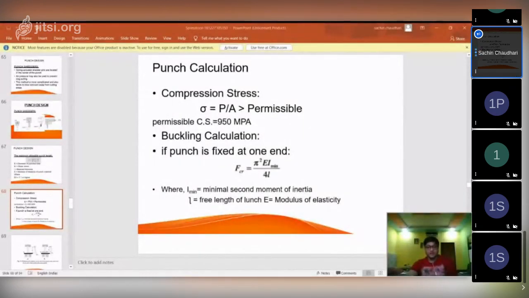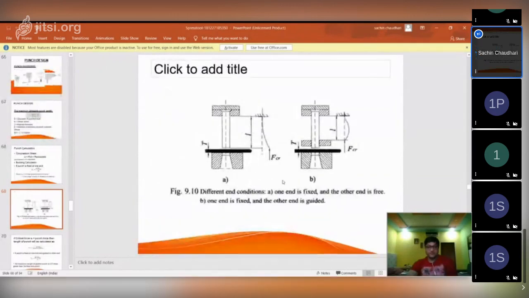See the figure first. According to these two cases the length of the punch is decided. This is the first case A, where the punch is free at the end. This is the starting leading edge and this is the free end. So this is the total L.